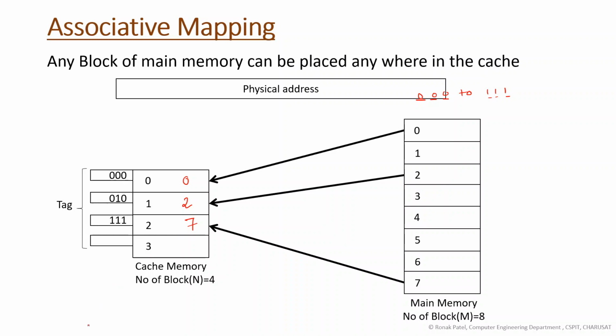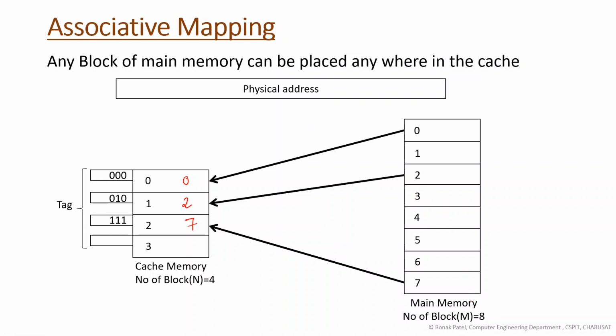Now in this case, remember that the number of bits in the physical address will not change, but the division can change. The physical address deals with how many words are there in your main memory, and how many bits are required to address those words.